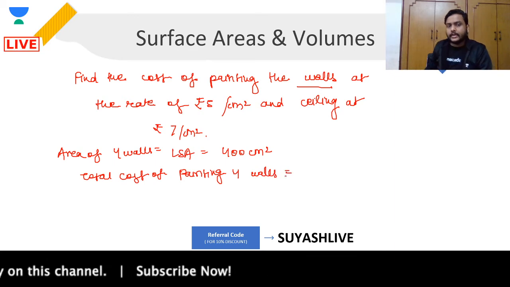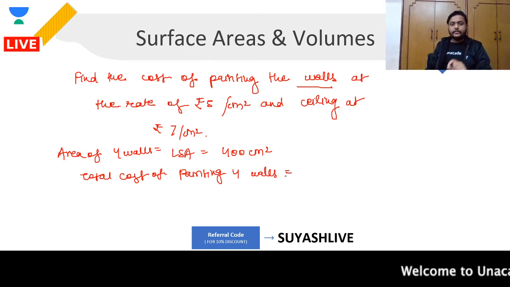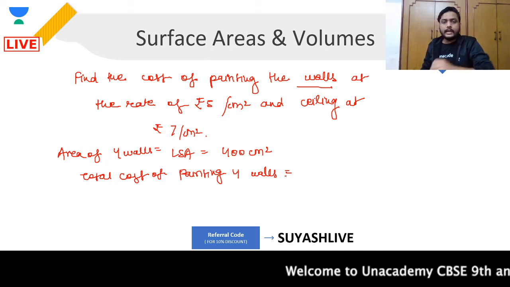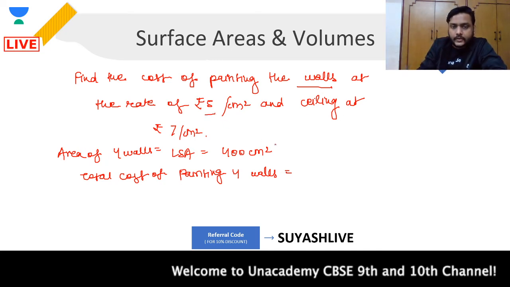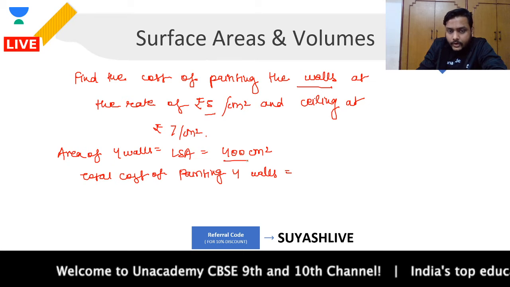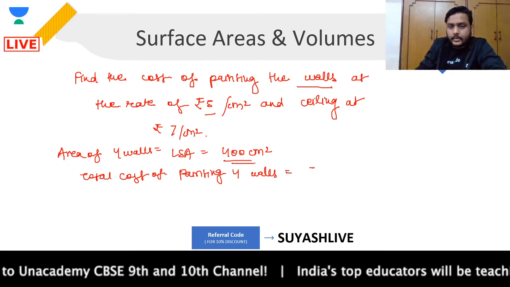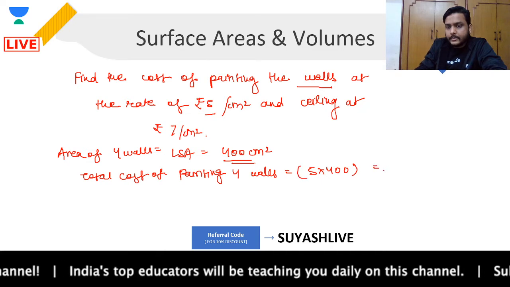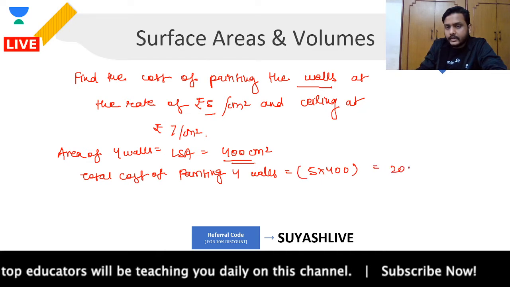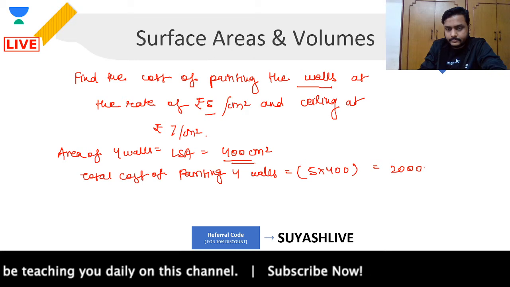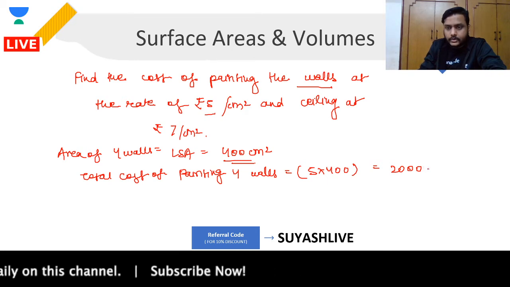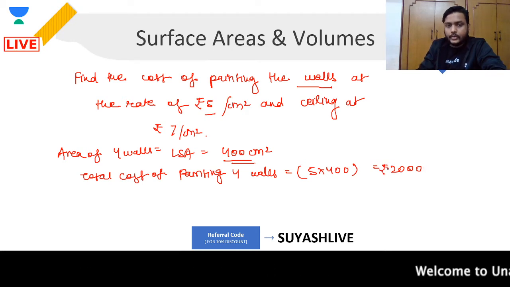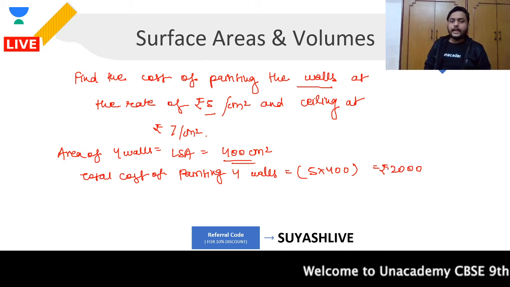If you look at the cost of painting for a small area of 1 centimeter square, that is ₹5. So the cost of painting for your 400 centimeter square will be what? 5 into 400, and your answer will be coming out as what? 5 4s are 20, that will be 2,000. So you will be having 2,000 rupees as the cost of painting 4 walls.